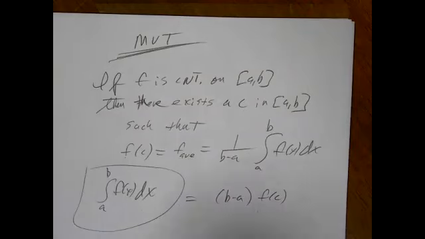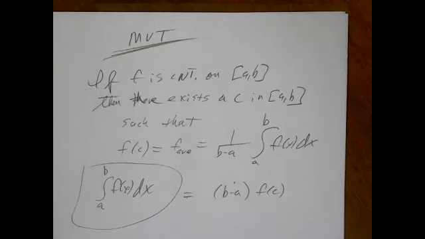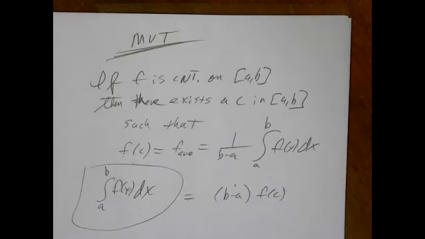In other words, there is a number between a and b, such that if you find the height of the function at that number and multiply it by the width of the interval, that will equal the area under the curve. Again, this says that a function has to take on its average if it is continuous. It has to take on that average value at some point.